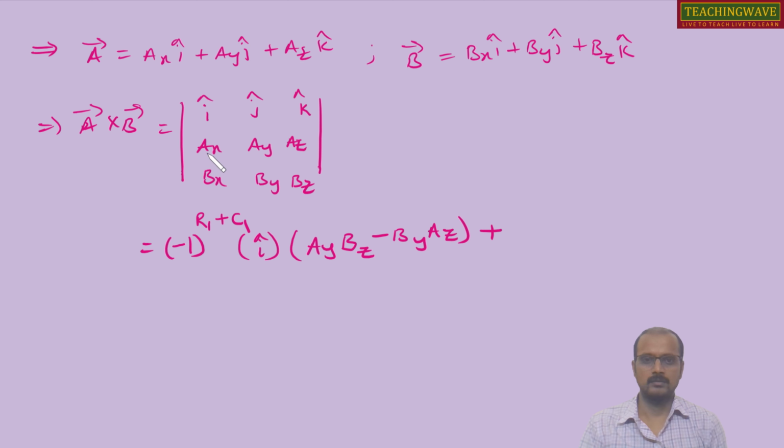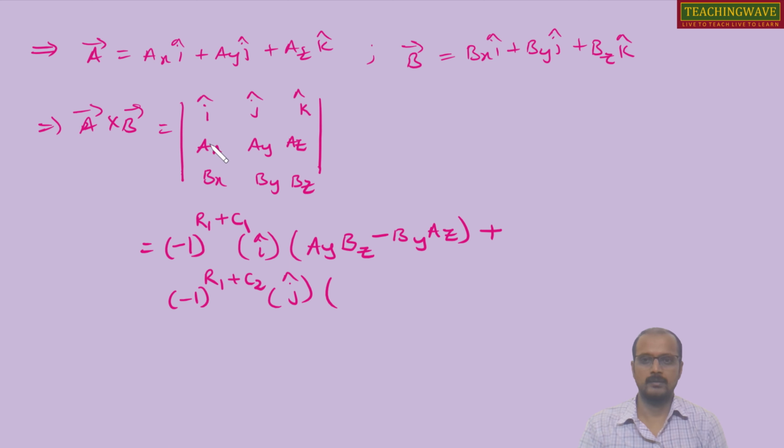Plus, the second column of the first row: the cofactor is minus 1 to the power 1 plus 2, minus 1 whole to the power 3, so minus j cap.